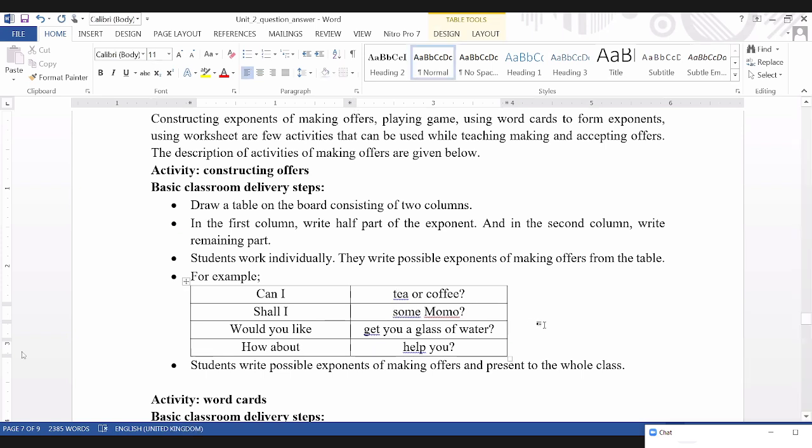How about some momo? Or would you like tea or coffee? These are some examples of making offers to someone, to give something. Students write possible exponents of making offers and present them to the whole class.